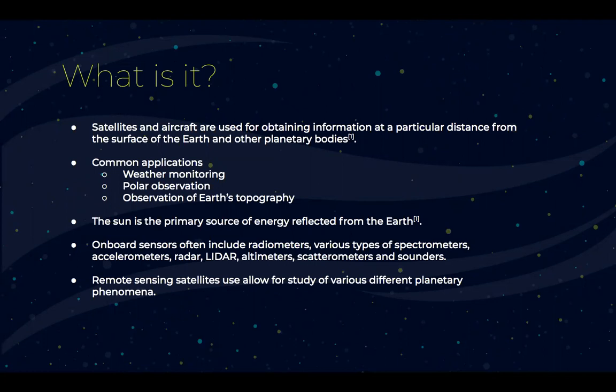For most of the applications, the energy from the sun, which is reflected off the Earth's surface, is observed by the satellites with sensors on board of varying resolutions for different applications. The wide variety of different sensor types and orbital orientations that satellites use for remote sensing allow for study of various planetary phenomena.